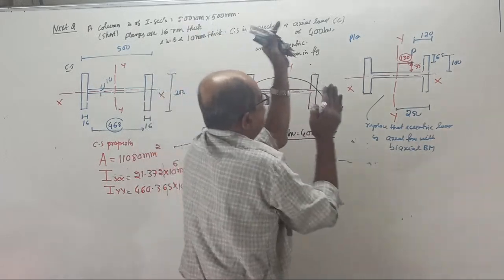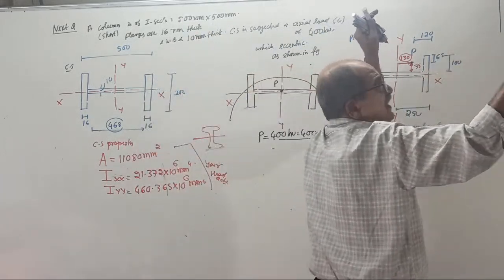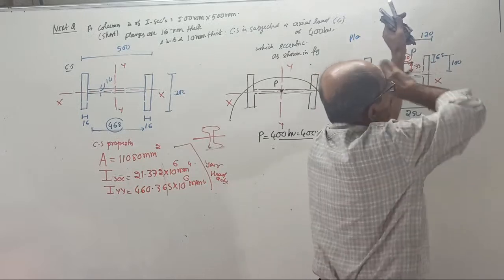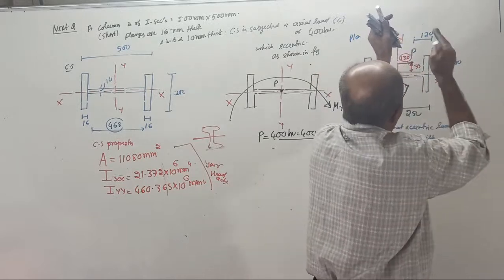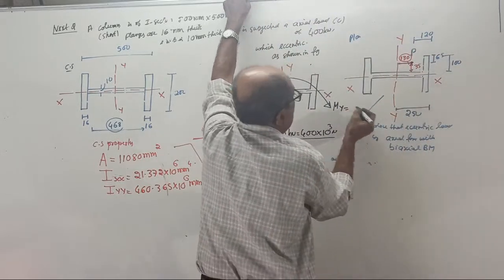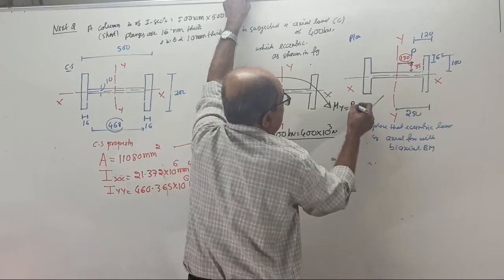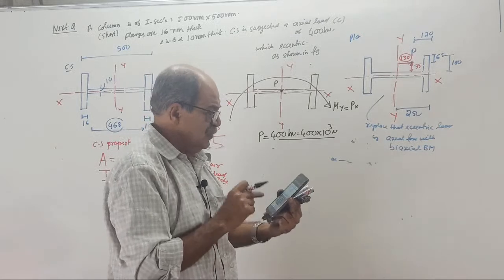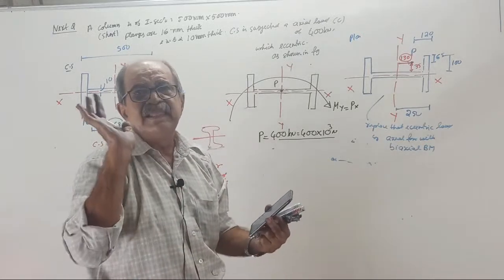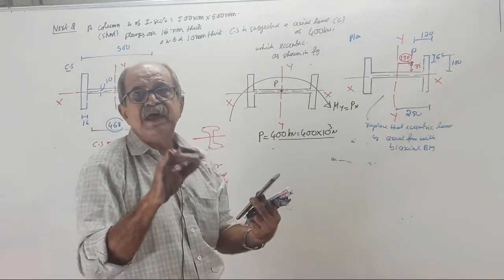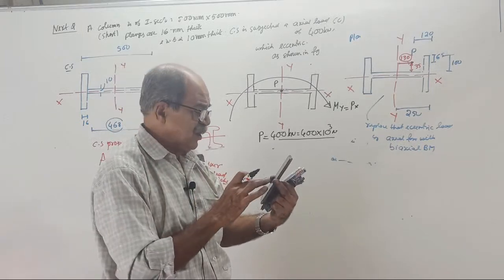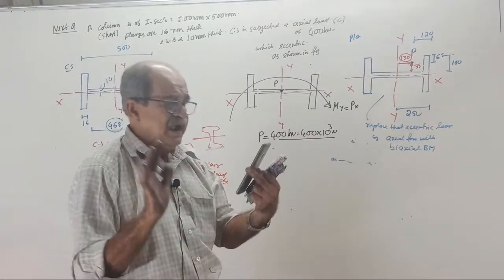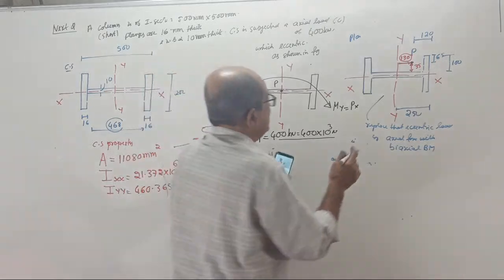See here. If the load is here about YY, it will create a moment like this. M equals P into, tell the number, into how much? If it is clear, tell the number. Those who are my regular students, if they understand, sufficient for me. Others, they should manage.